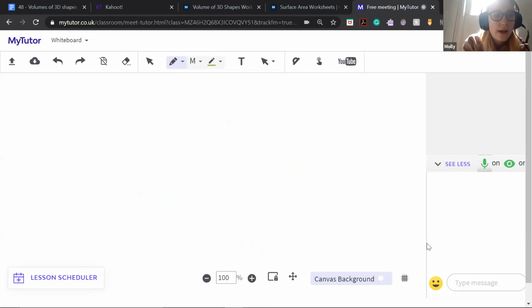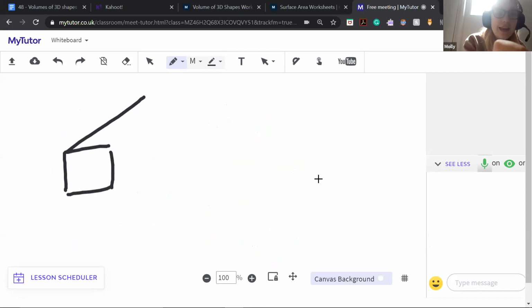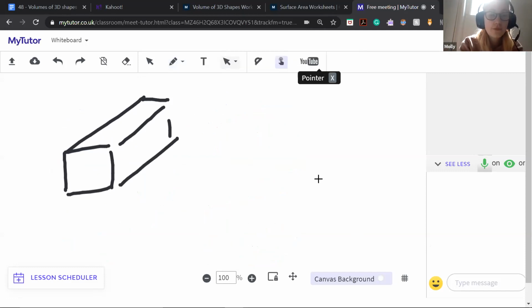Now a cuboid is very, very similar, but they don't all have to be the same length, as I've tried to demonstrate here. Oh gosh, that was atrocious. So you can see that we've got it kind of stretched out like this.